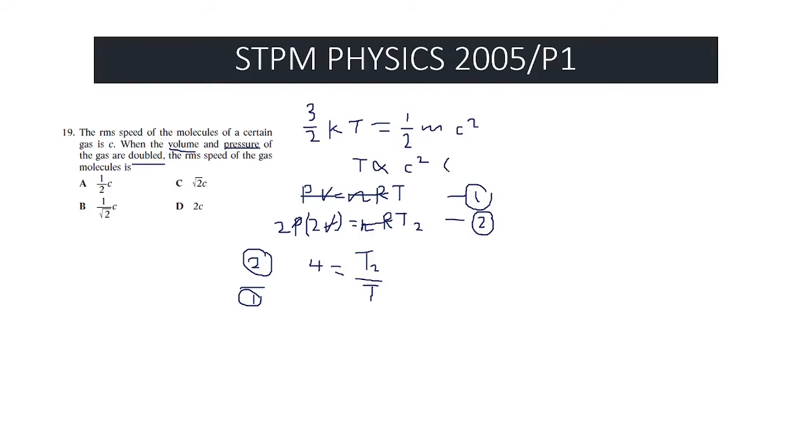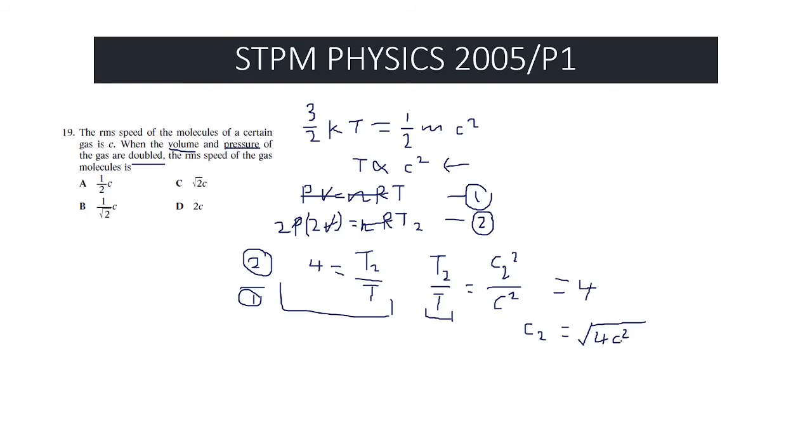Now we apply this relationship here. We can write T2 per T equals C2 squared per C squared. Now this ratio T2 per T is equal to 4, and we solve for C2. You will get the square root of 4C squared, which equals 2C. So the answer is D.